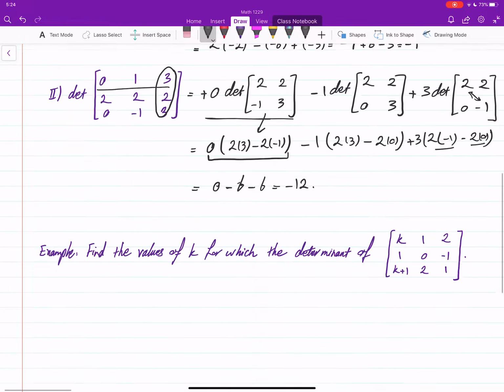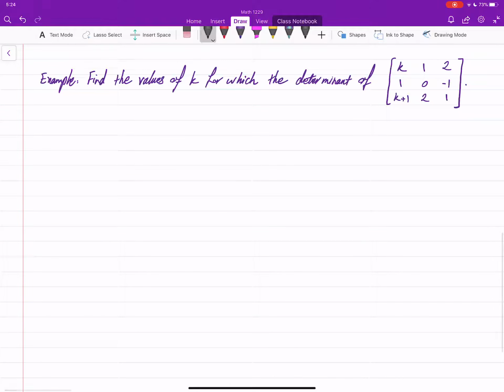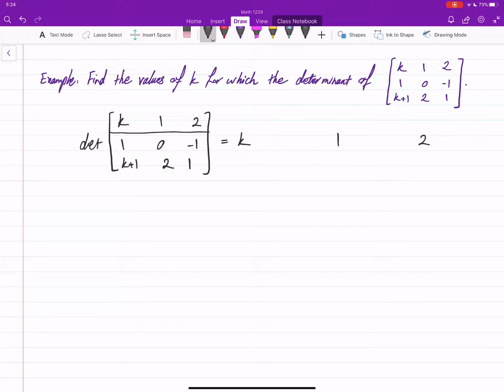Okay, so even if there is a variable in the matrix, we still can go ahead and find the determinant. So the matrix is k 1 2, 1 0 -1, k plus 1 2 1. Go one by one on the entries of the first row, with signs plus, minus, plus, times the determinant of 2 by 2 matrices.